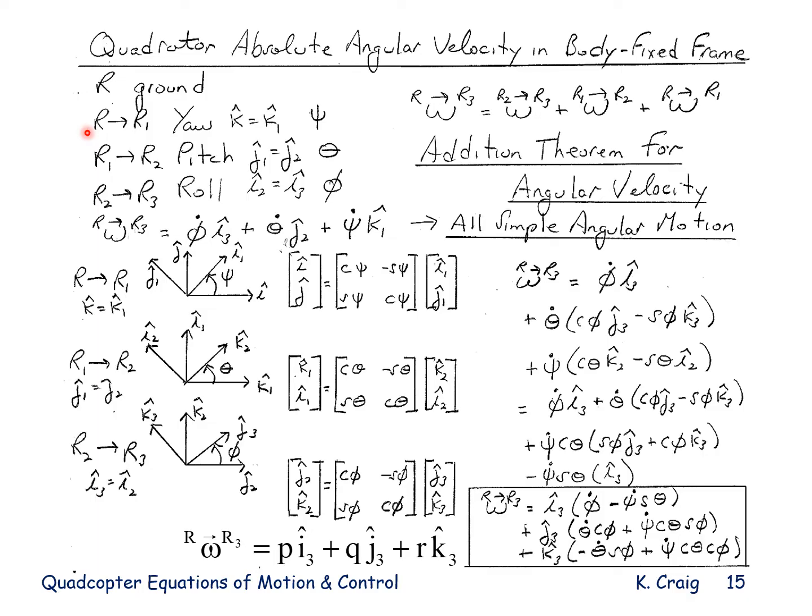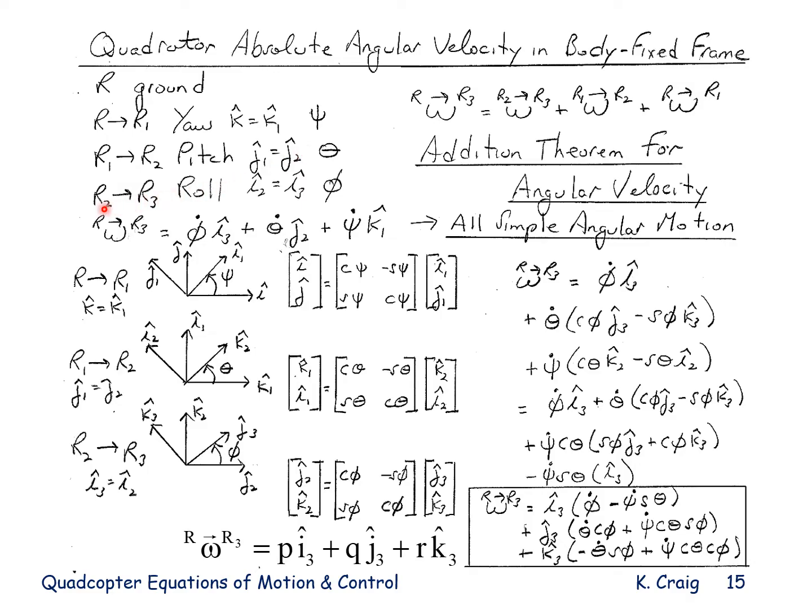If I move from R to R1, I rotate through the yaw angle psi, and I rotate about the common z-axis, k hat equals k1 hat. When I rotate from R1 to R2, I rotate through the pitch angle theta, and I rotate about the common y-axis, j1 hat equals j2 hat.